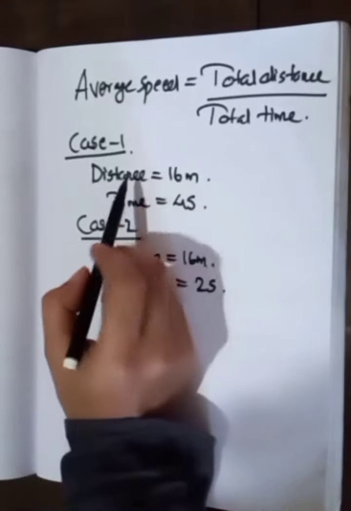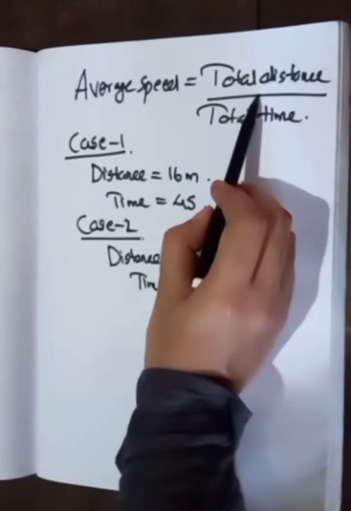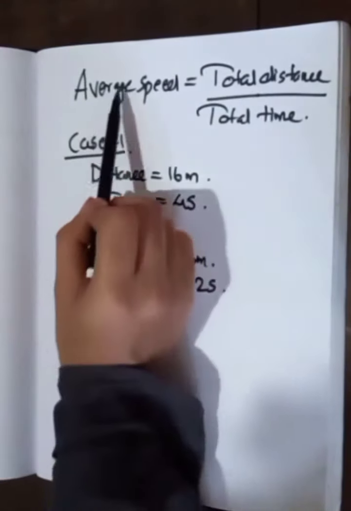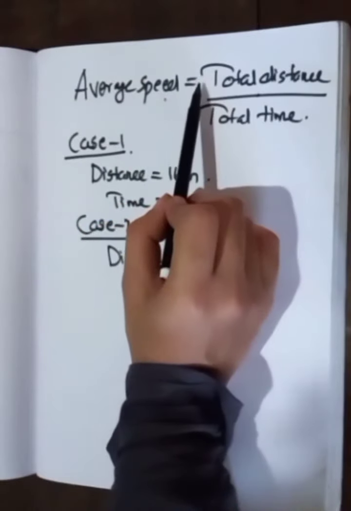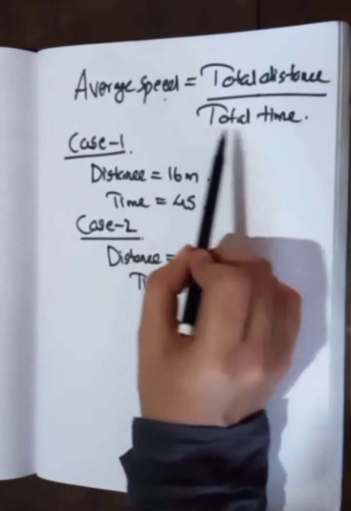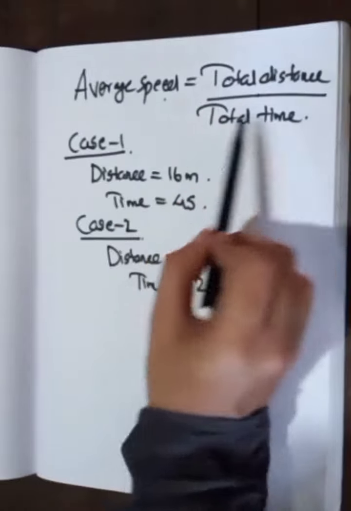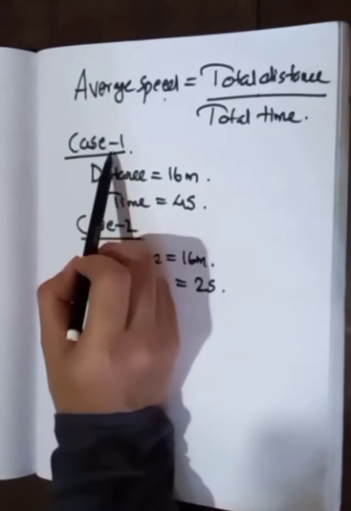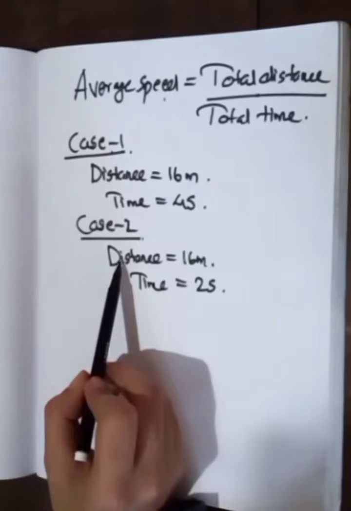Therefore, here we have to calculate the average speed. Average speed is equal to total distance by total time. Here the total distance is distance in case 1 plus distance in case 2.